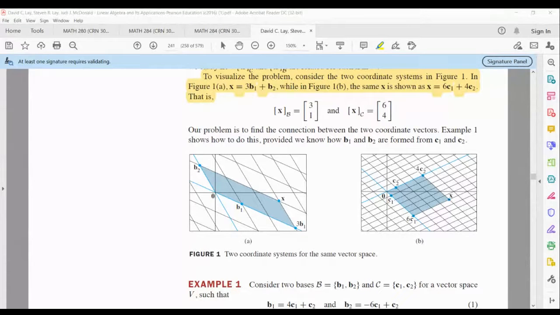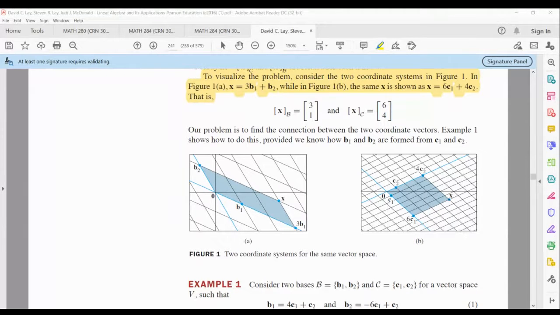Okay, what is the vector space, by the way, in figure 1 in both pictures? What vector space are they using here? Can you name it? Well, in figure 1 on the left, you have vectors b1 and b2.